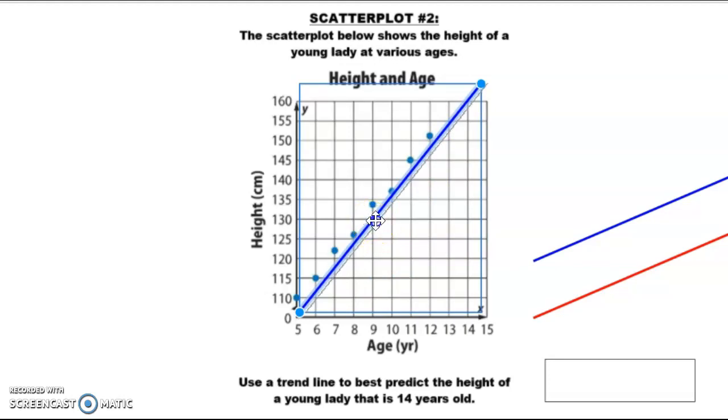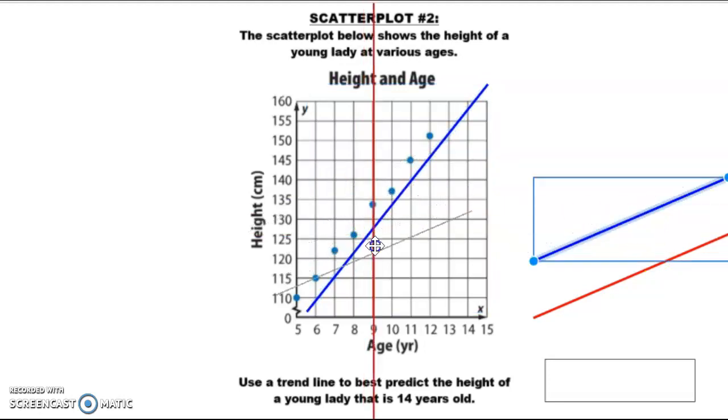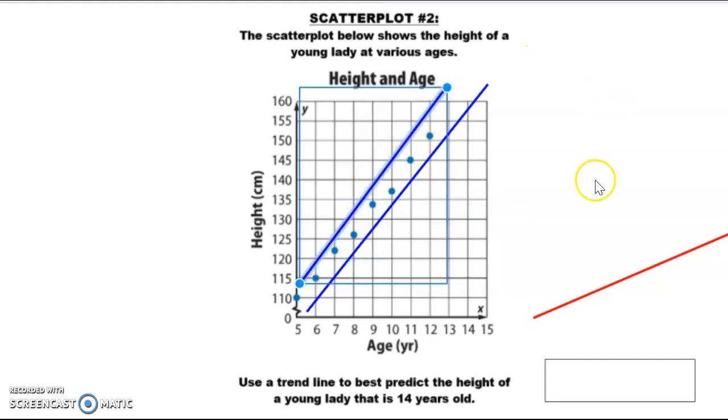Okay, we want to make sure it's on the outside of those data points. Kind of get your line. Want it as straight as possible. So we're going to adjust this a little bit.